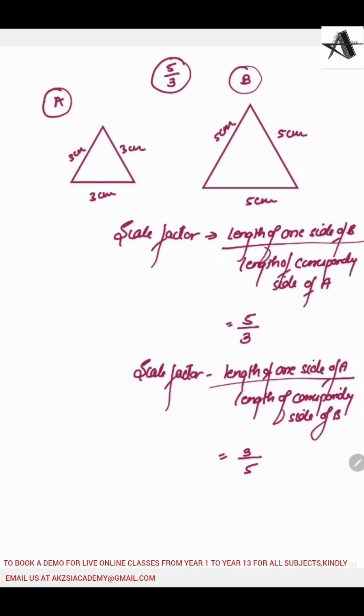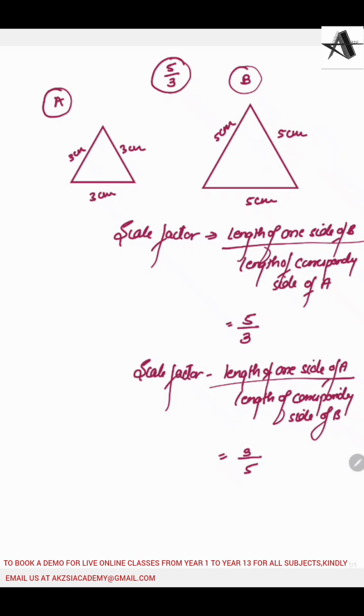That means when you are transforming from B to A, the scale factor will become 3 over 5. If you multiply 3 over 5 with 5, you will get 3 centimeters. That is your new transformed figure.